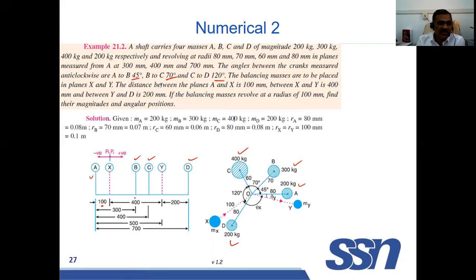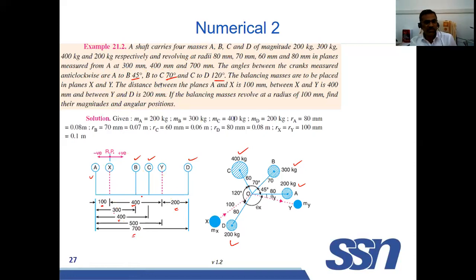Between Y and D is 200 millimeter. And the planes measured from A are at 300 millimeter, 400 millimeter, and 700 millimeter.